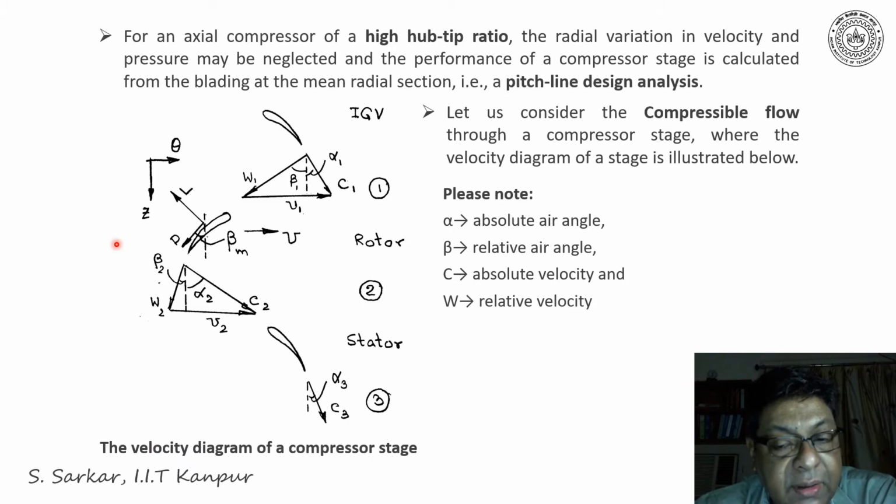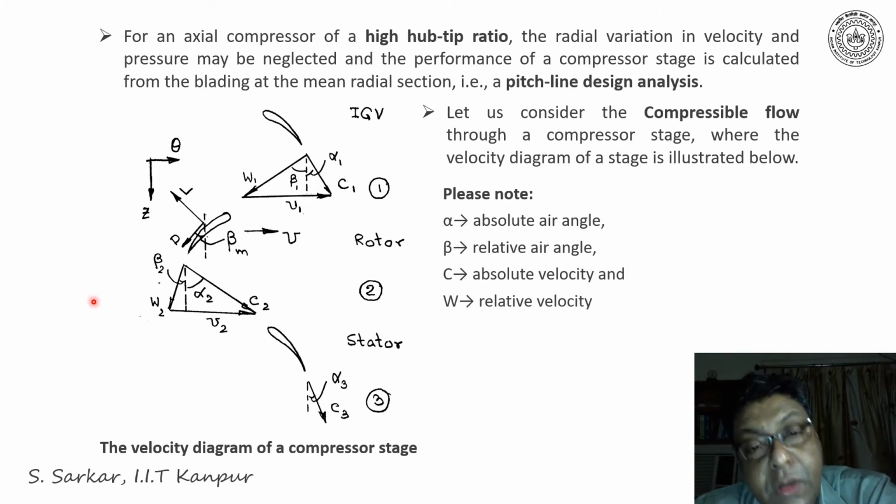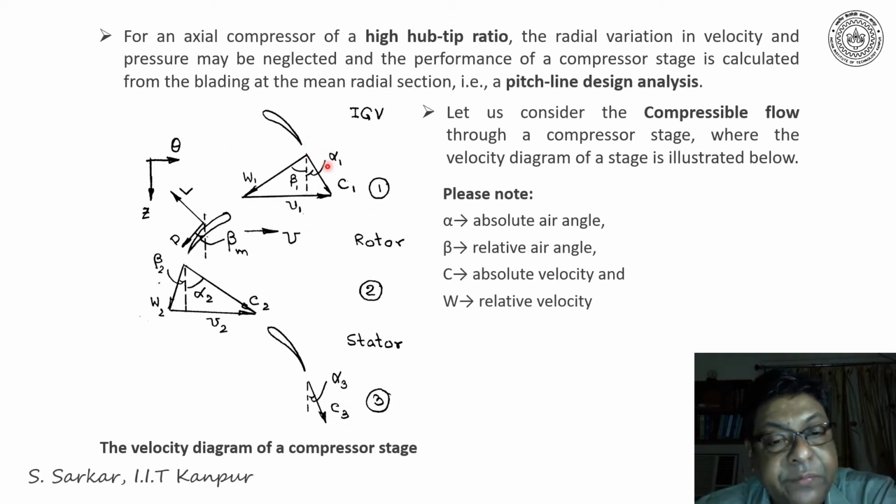As usual, Z is the axial direction and theta is the peripheral direction. Now, at station 1, I have drawn the velocity vector as W1 plus U1 is equal to C1. C1 makes an angle alpha 1 with the z-axis.